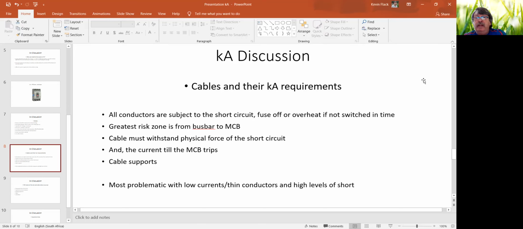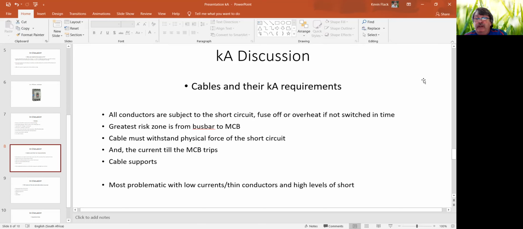The other thing that you don't see really in little domestic boards is that the cables themselves are generally just wound or coiled or laid or put on their side, and they're not bound in any way. Whereas when we get to large panel boards, that sort of support becomes extremely important.